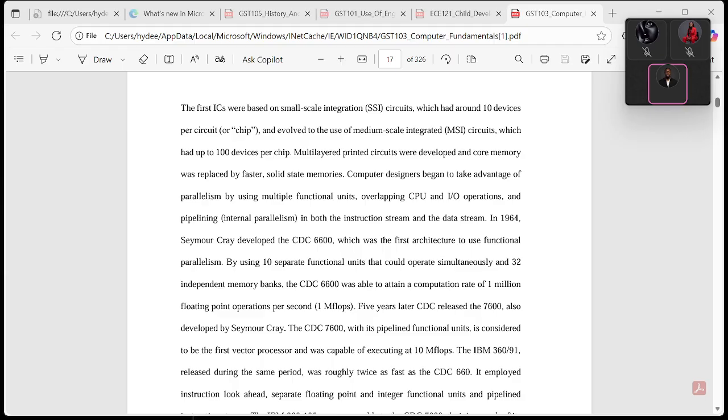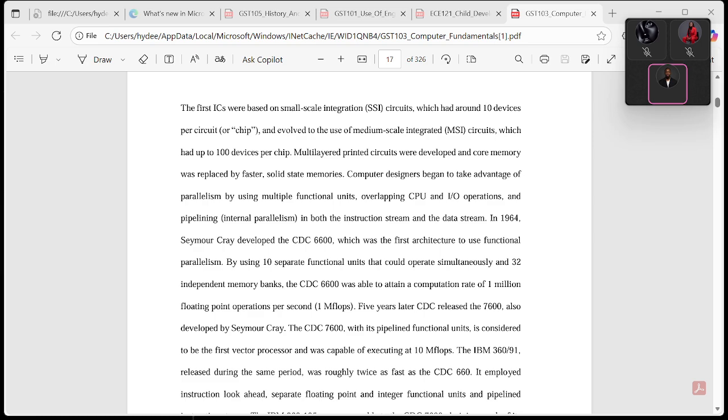All right, so the semiconductor memories fully replaced core memories as the main storage. Just like the third generation, they now use semiconductor memories to replace core memories as the main storage.